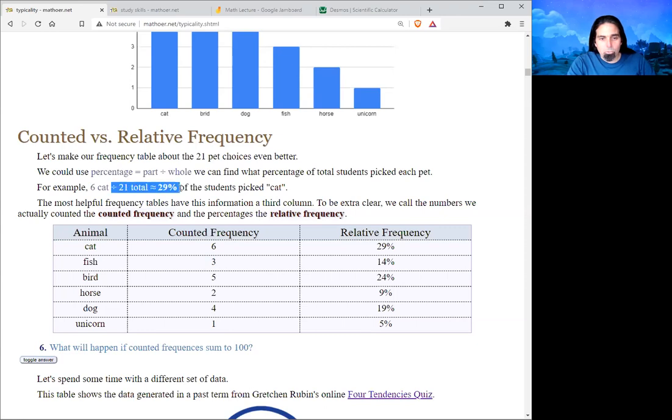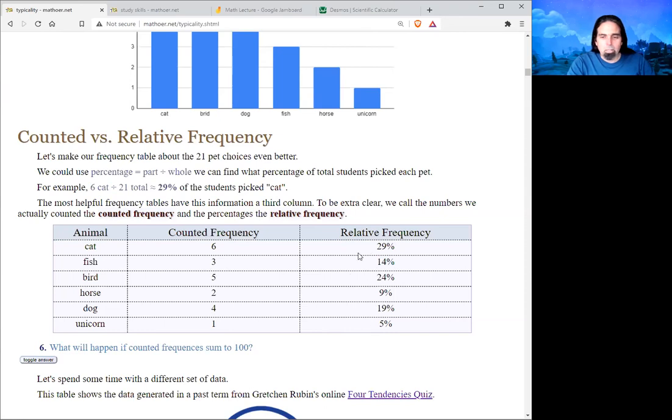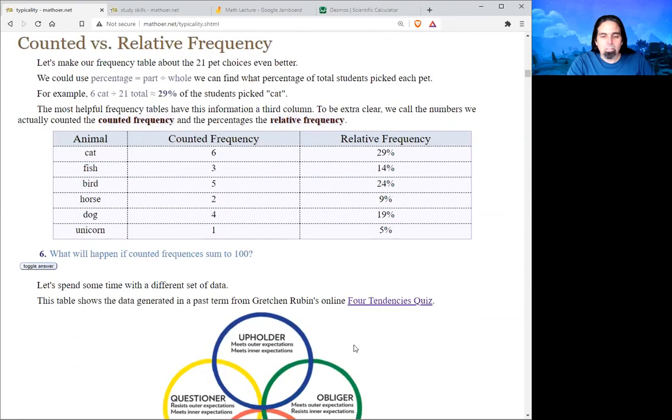So we'd have to do 3 divided by 21 and we'd get 14% picked fish and so on. Does that make sense for everybody? Yes. So you could find the percent of all of them, and that's often a more useful number. So we'll get to some applications of that.